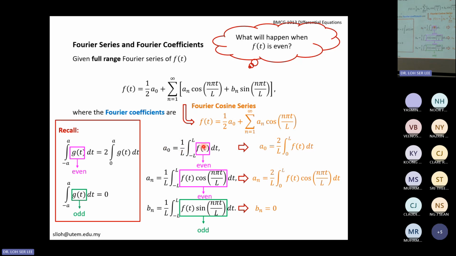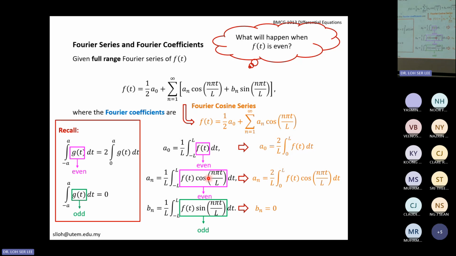If this function is even, we are integrating from negative L up to L, so we can write this in this form: 0 up to L, but we multiply it by 2, because f(t) is even. Then this is the new formula. Up to this point, are you able to understand why we get this new formula? Because the function is even.